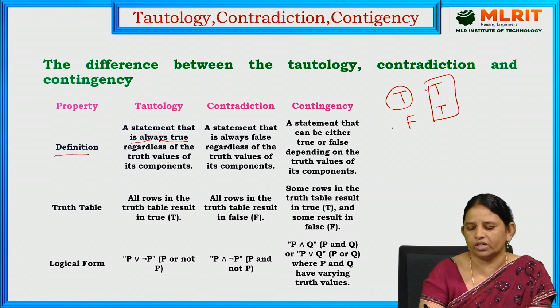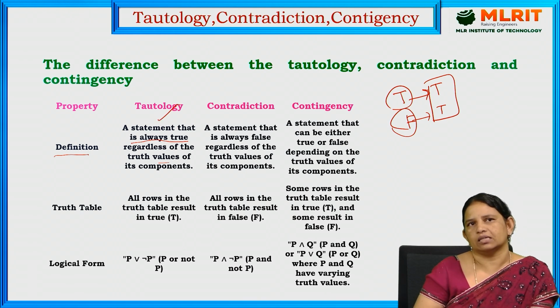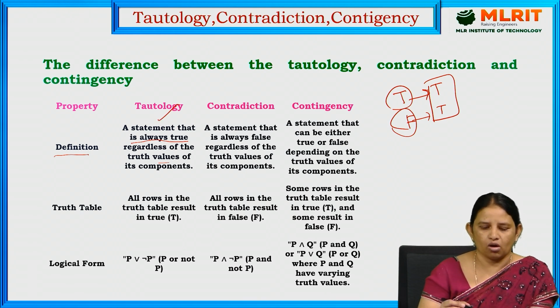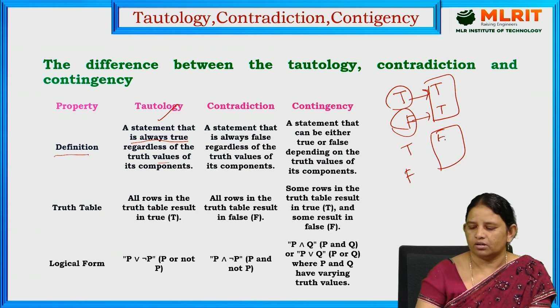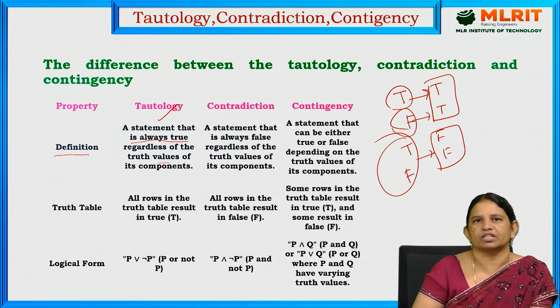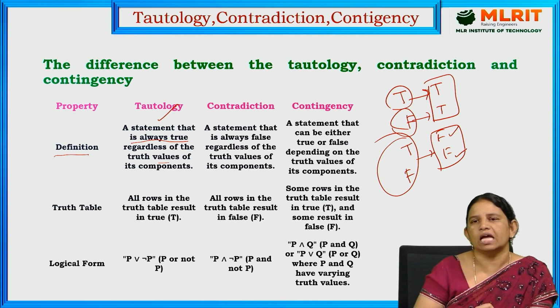Whatever the combination, whatever the truth value, if the final column is true, then it is called a tautology. Now coming to the definition of contradiction, a statement that always returns false for any truth value, then it is a contradiction. For any values of the truth table, if it returns a false, then it is called a contradiction.